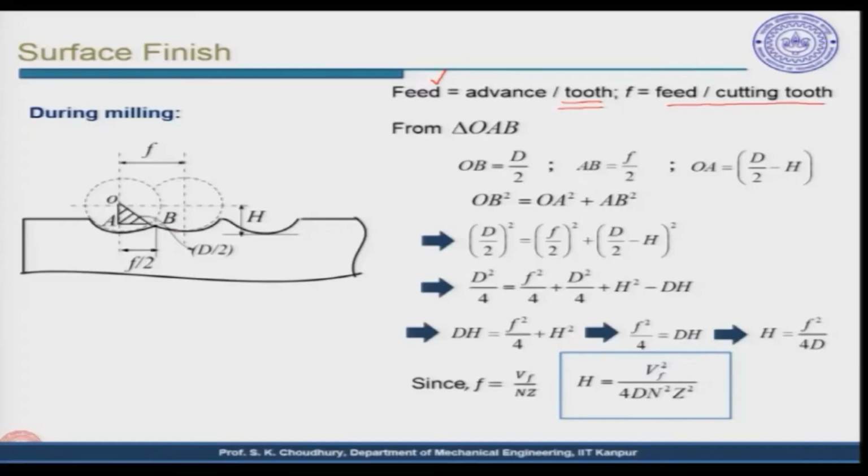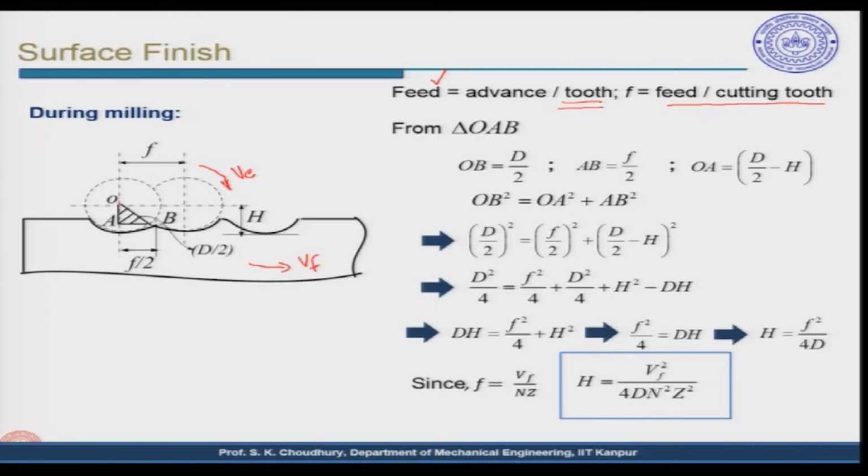Now, this is one position of the milling cutter, and because of the feed given here, let us say this is the Vf, feed velocity, and this is the Vc, which is the velocity given to the milling cutter. Because of that it has moved from this position to this position, and this distance is the advancement per tooth, and therefore this is considered to be the feed.